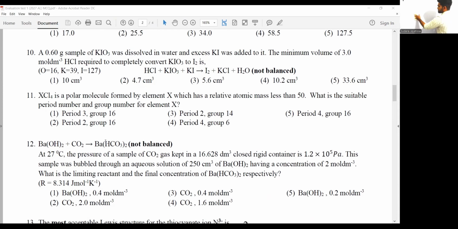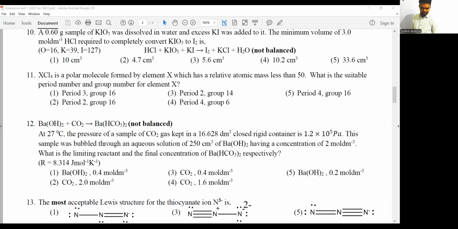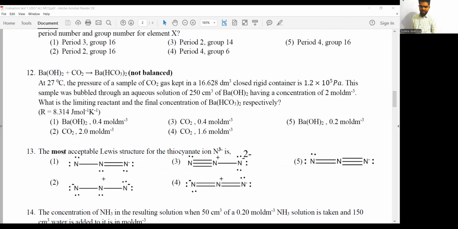In the 12th question, it's a chemical calculation. We'll see how to do it, and I'm going to explain that one a little bit more to make sure you get that practice. They have given us a reaction between barium hydroxide and carbon dioxide. Look at the information they have given.